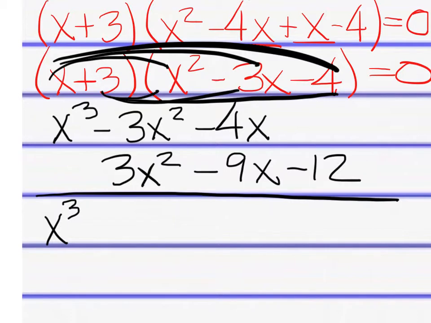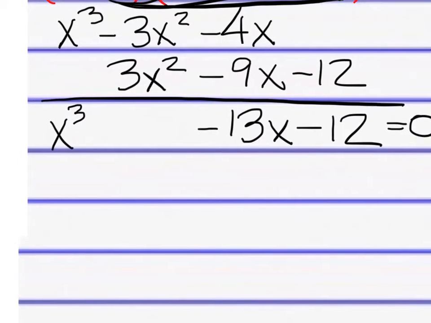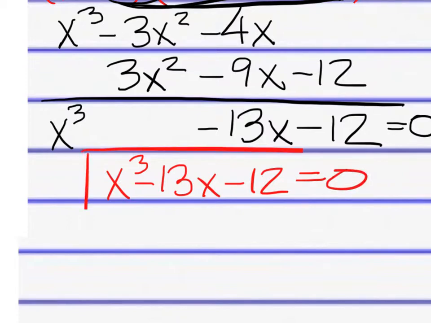And then negative 3x squared plus 3x squared is just 0. Negative 4x minus 9x is negative 13x, and then minus 12 equals 0. No need to leave that space in there, just make it x to the third minus 13x minus 12 equals 0.